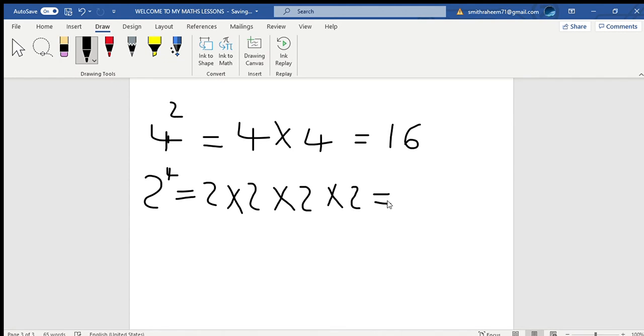Okay, so can anyone give me the answer for this one? So it should be 2 times 2, which is 4, 4 times 2, which is 8, and 8 times 2, which is 16. Alright, did anyone get a different answer for that one?